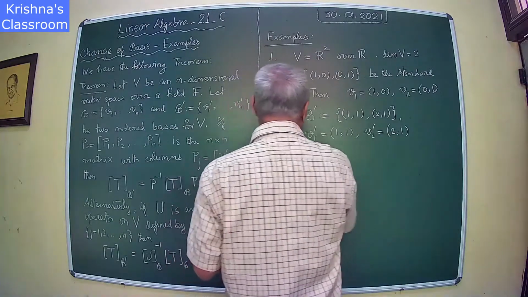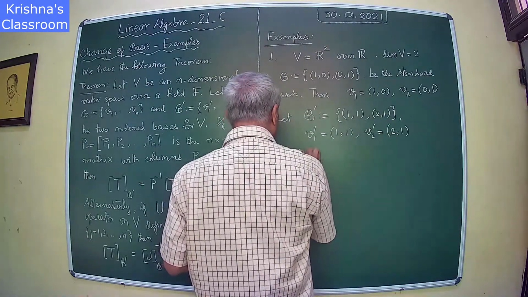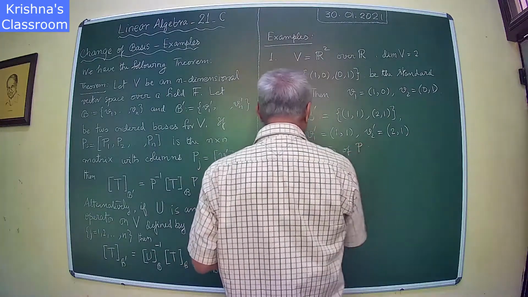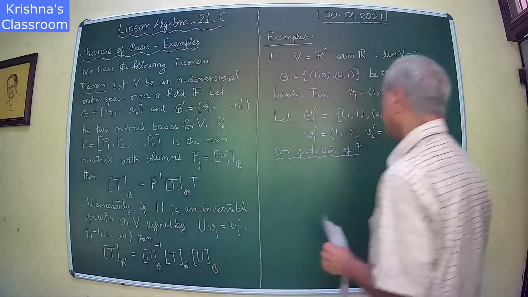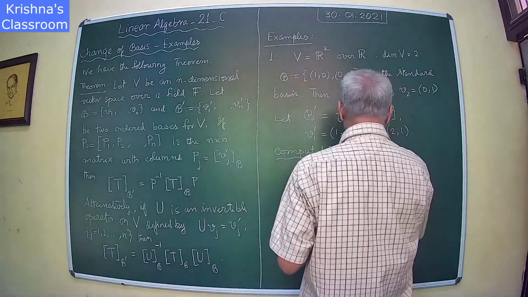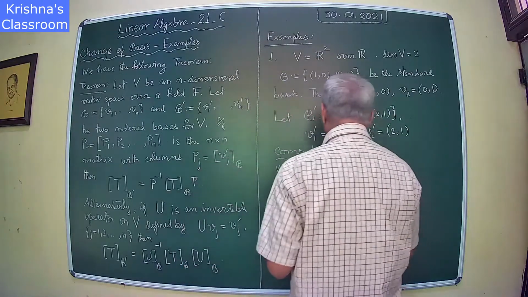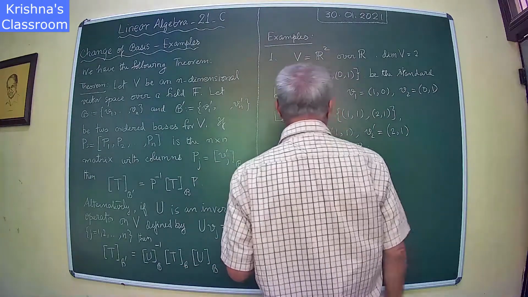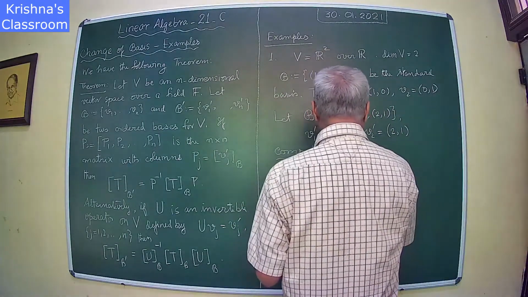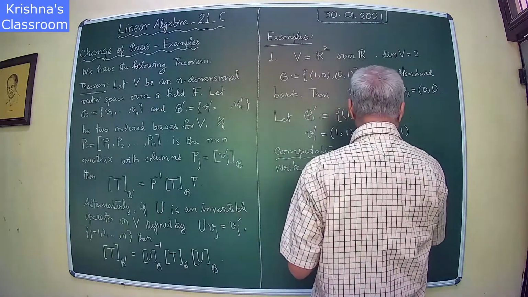So first what we want to do is the computation of P. How do we do this? What we do is that we write V1 prime in terms of V1 and V2. Then this is equal to 1 times V1 plus 1 times V2.